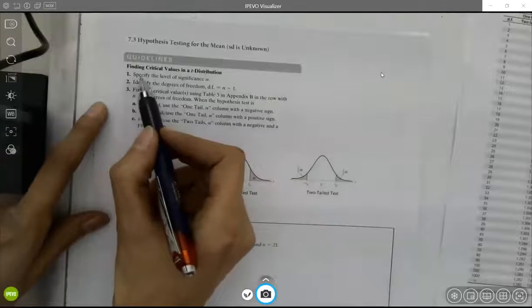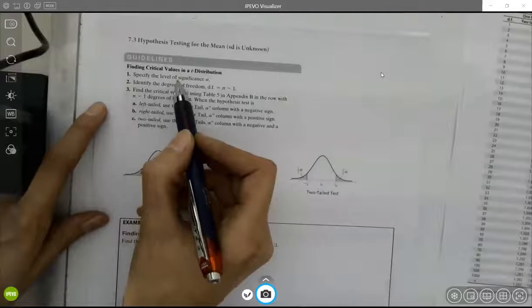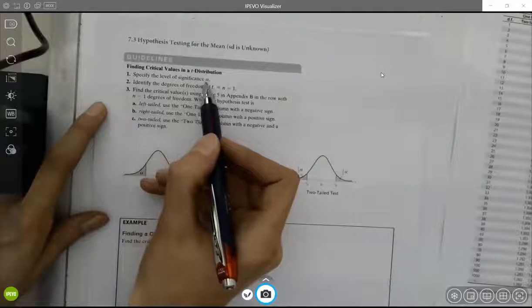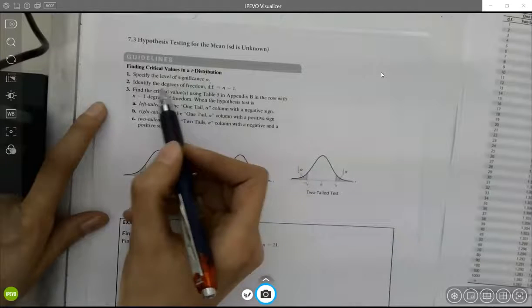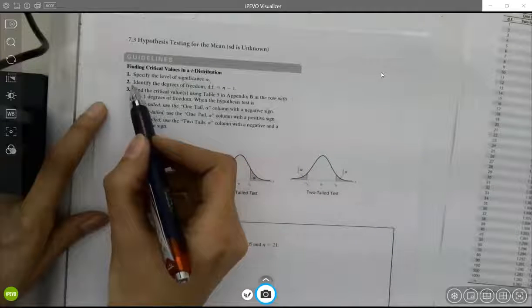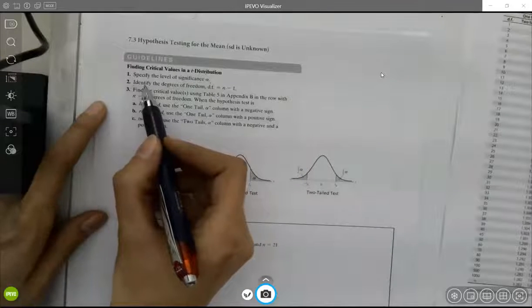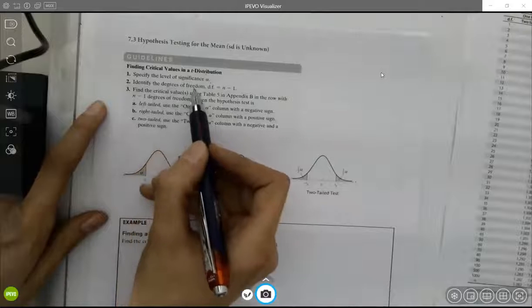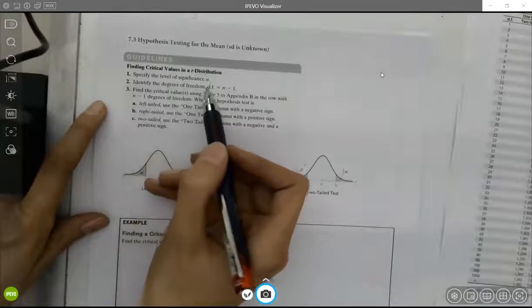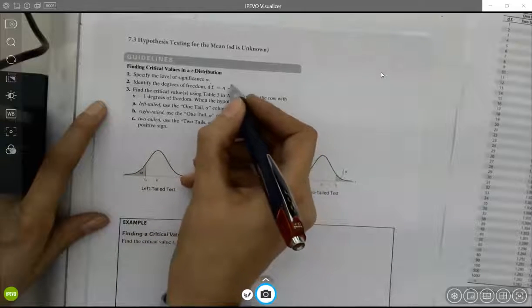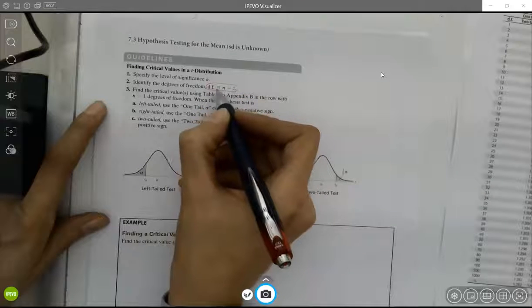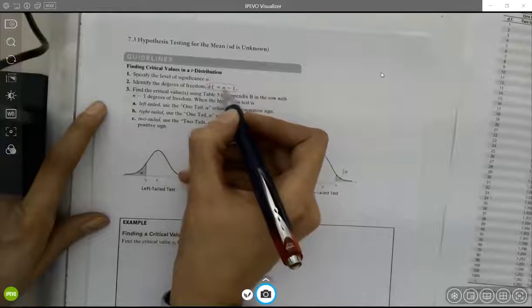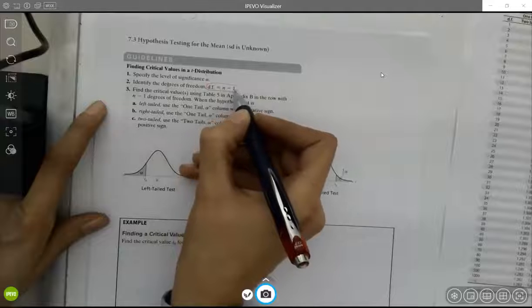First, we specify the level of significance, or alpha. Step 2, we identify the degrees of freedom, which is defined as degrees of freedom equal to n minus 1.